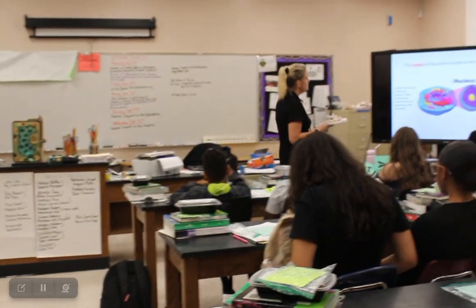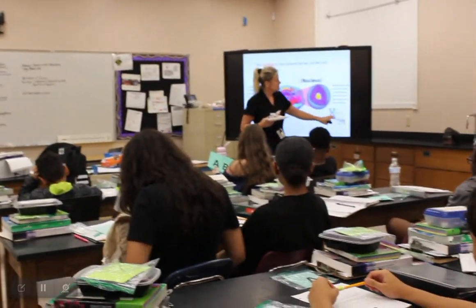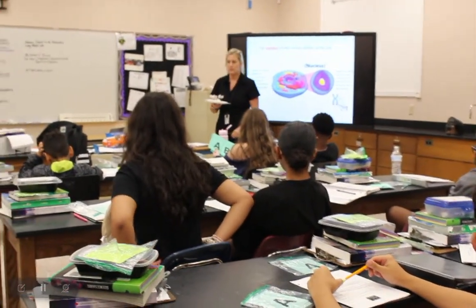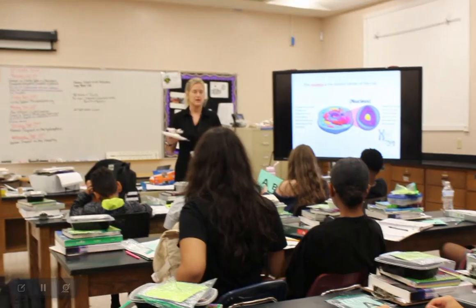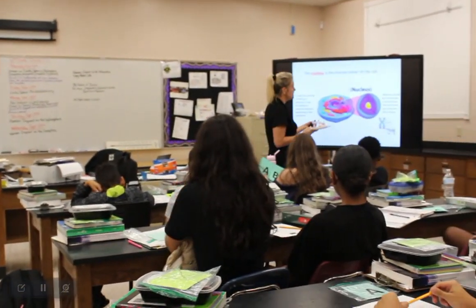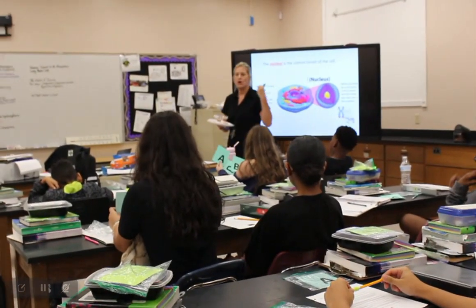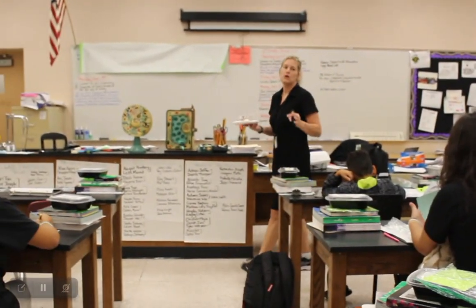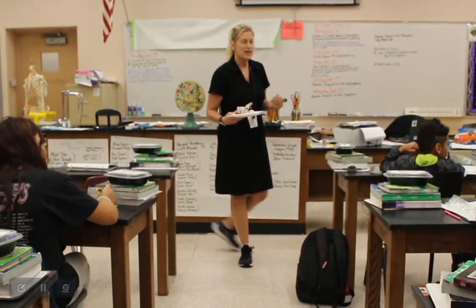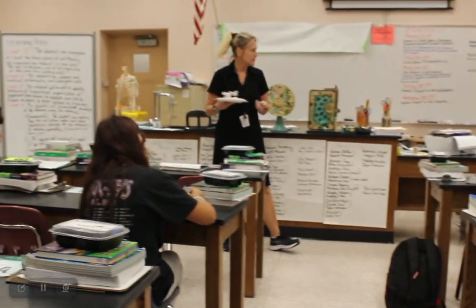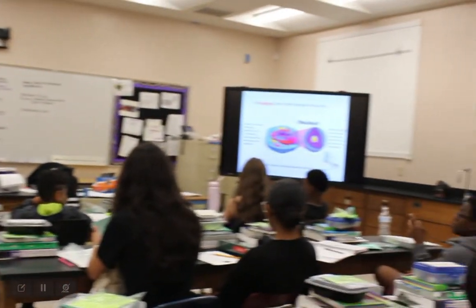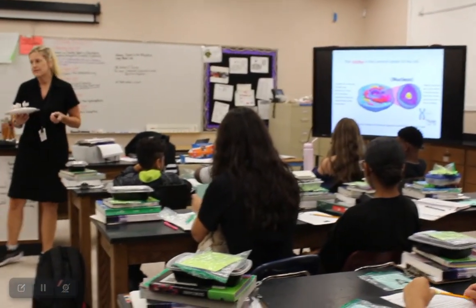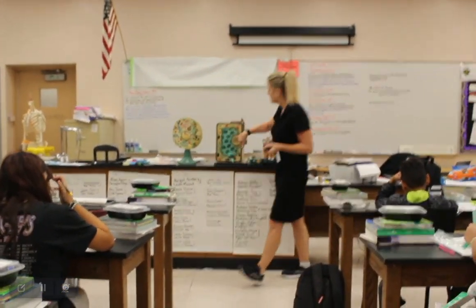If you look up here, it's got these X structures, which are chromosomes, which we're going to learn about in detail later, which are made up of DNA, and DNA is what would make you have straight hair versus curly hair versus wavy hair, or like darker skin versus lighter skin, or blue eyes versus brown eyes. So it is typically the largest and darkest organelle that you see. You can see it's in both the plant and also in the animal cell.